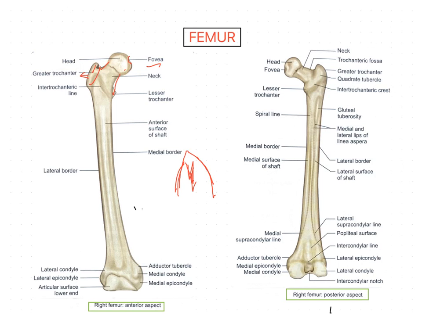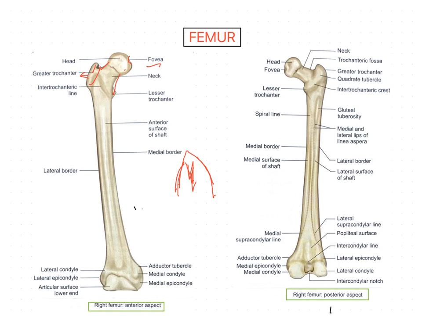Okay, the lateral surface faces laterally and is separated from the anterior surface by an indistinct ridge, which separates the anterior and lateral surfaces. On the lateral surface, an oblique ridge is present.